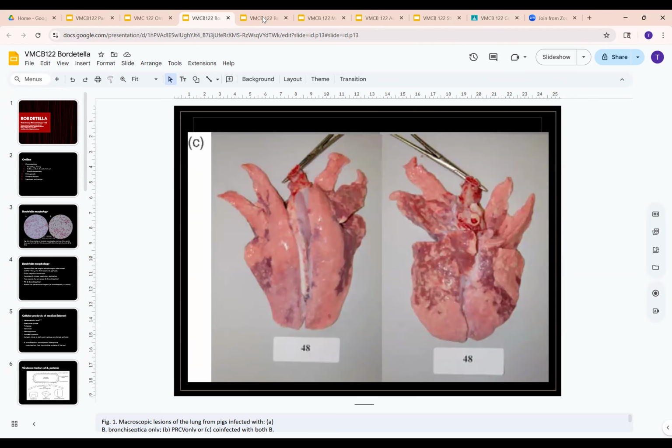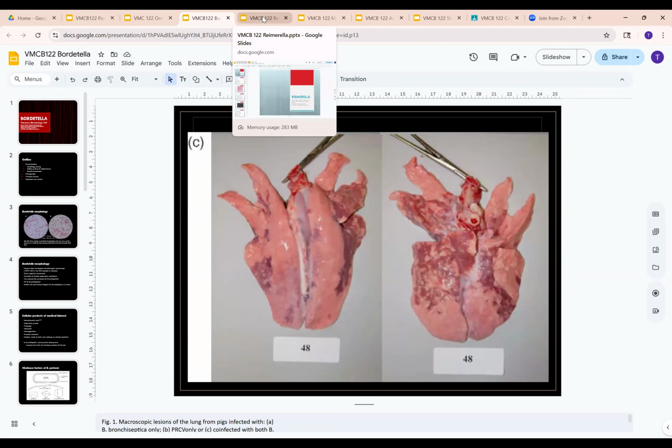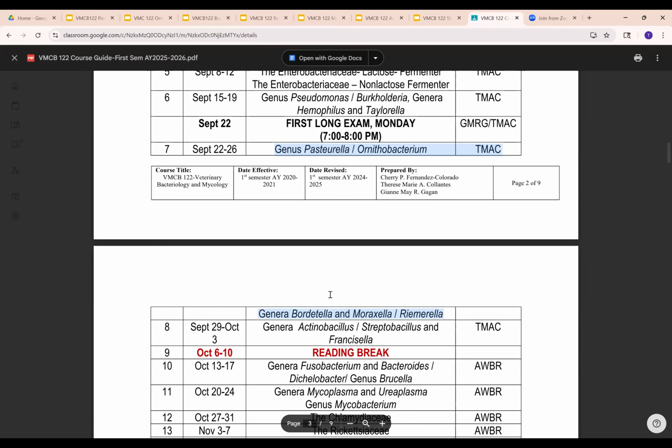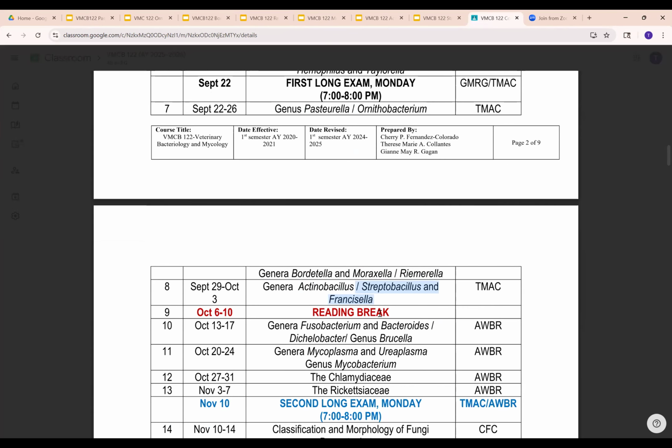Okay, so that's Bordetella. Now we'll continue with the rest of the topics for this week. We have Moraxella and Riemerella, and then we will see if we can finish Actinobacillus, Streptobacillus, and Francisella. But I think we'll save some topics for Wednesday so that we can still use up our Wednesday class.